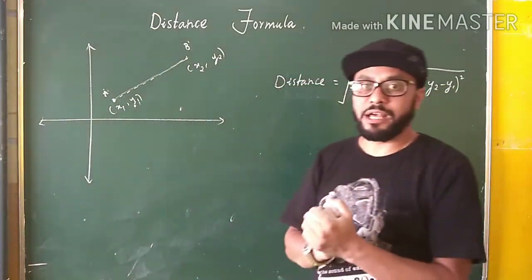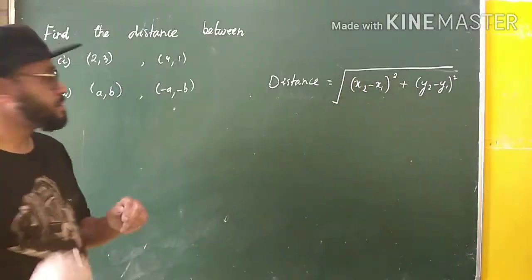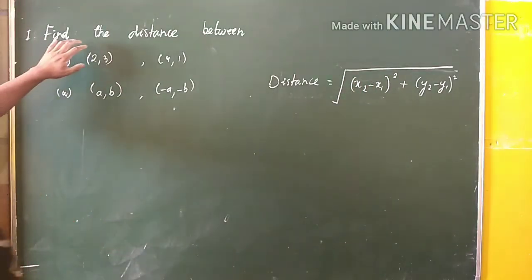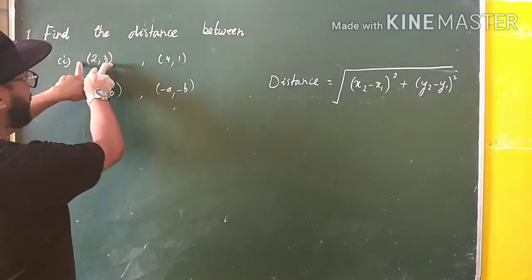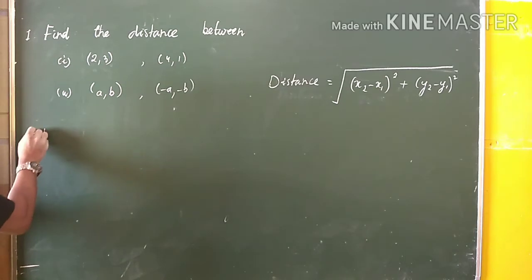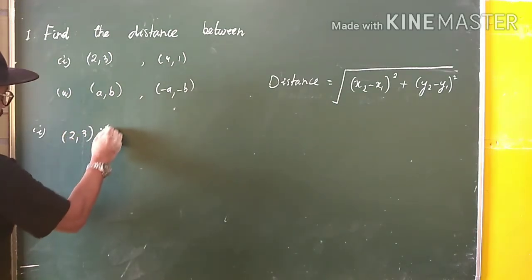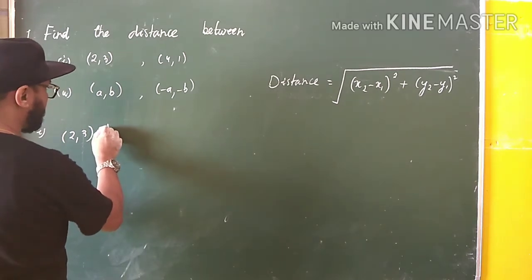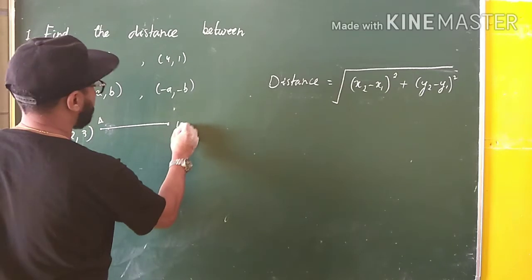Now let's take some examples so that you get an idea of how to solve the exercise. Find the distance between the 2 points. This is point 1 and point 2, so number 1 and 2. The first point is 2, 3, so let us take this point as A, and another point is given which is 4 and 1.